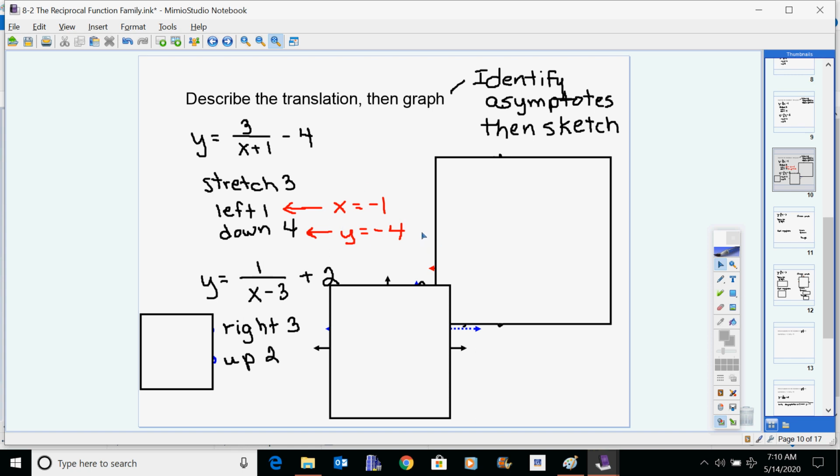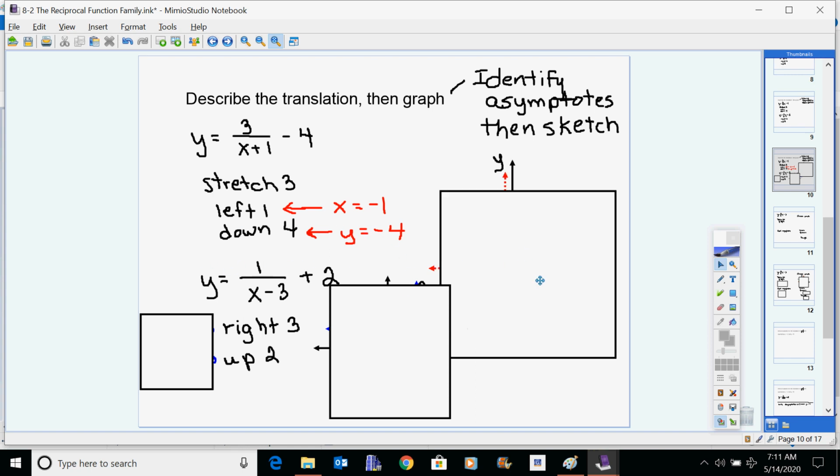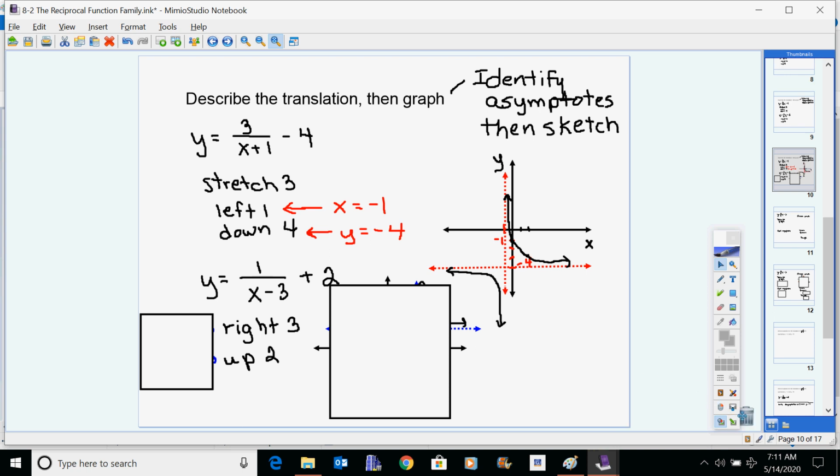So when you're doing a very rough sketch, you're moving an asymptote left 1, so you've got one going this way, and then you're going down 4, so you've got one going this way, and it looks like this. So we have left 1, x equals negative 1 is one of our asymptotes, and down 4, y equals negative 4 is another of our asymptotes.